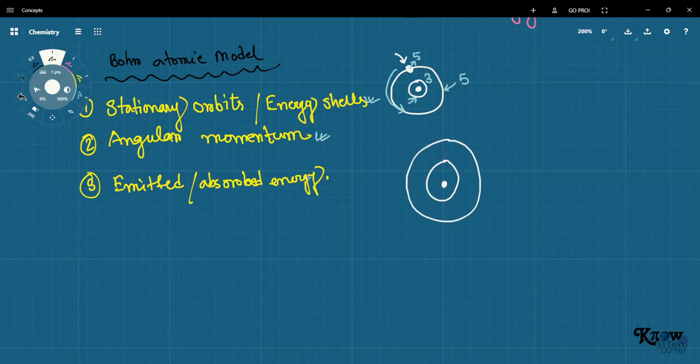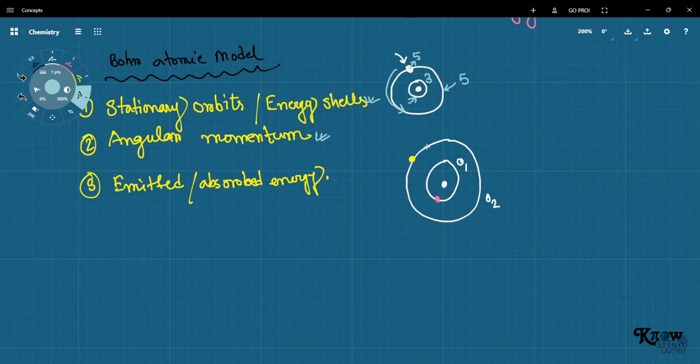Okay, so this is the figure now, and let's say there is an electron here and another electron here. Let's say this first orbit is orbit number 1 and this is orbit number 2. This yellow electron right here has a particular amount of energy to be in that orbit.